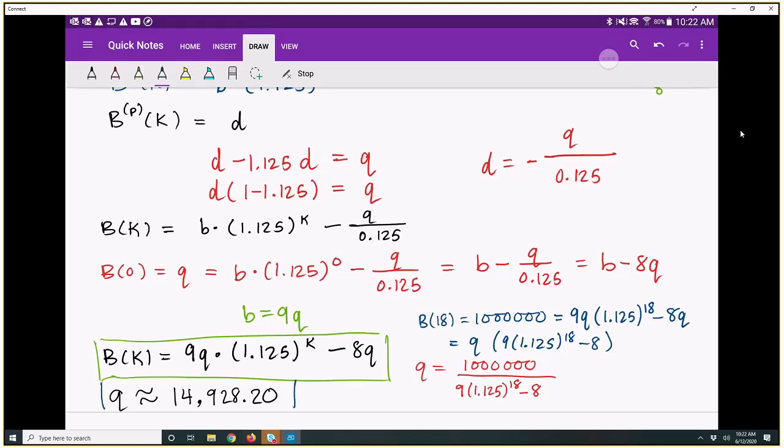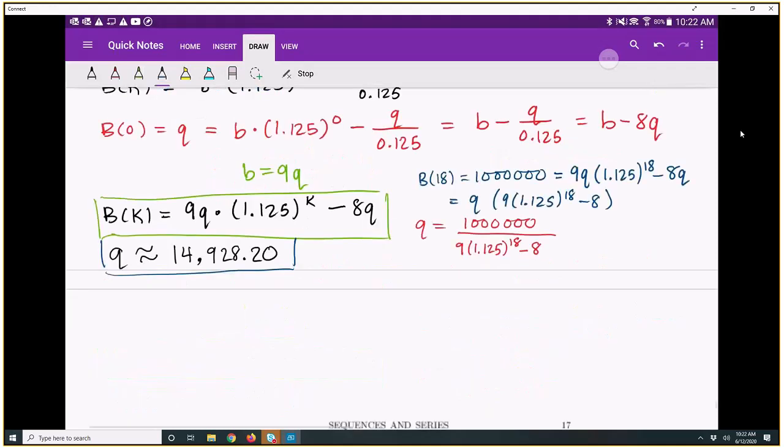So what this says is that if in 18 years I want $1 million in my annuity, then I need to initially invest $14,928.20, and at the end of each year I need to invest that same amount. And then I would have almost $1 million on the nose. Because I had to round a little bit, I think I'd end up with $1,000,030 or something like that.